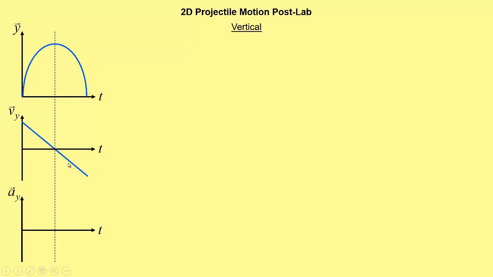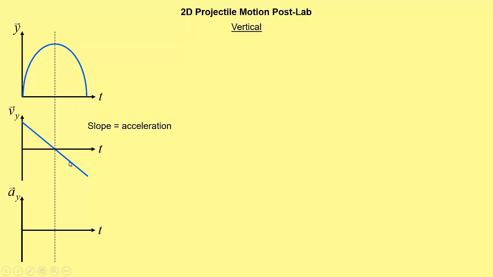But let's talk about this graph, and in particular, let's examine the slope of this velocity time graph. Being that it's a vertical velocity versus time graph, what does the slope represent? Remember, every slope is a rate of change, so this is how quickly the velocity is changing, which we call the vertical acceleration.